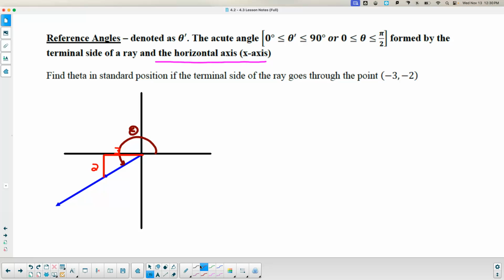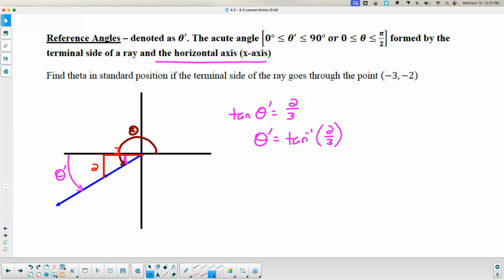Okay, so let's do a little right triangle trig. Theta prime is going to come off of the horizontal. That is going to be my reference angle there, which is this angle in my triangle right there. Which means the tangent of theta prime is 2/3, which means theta prime is the inverse tangent of 2/3.